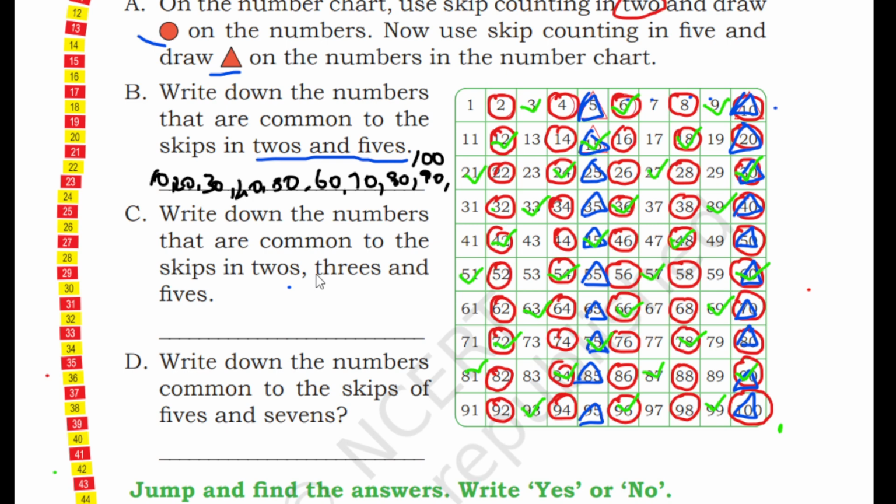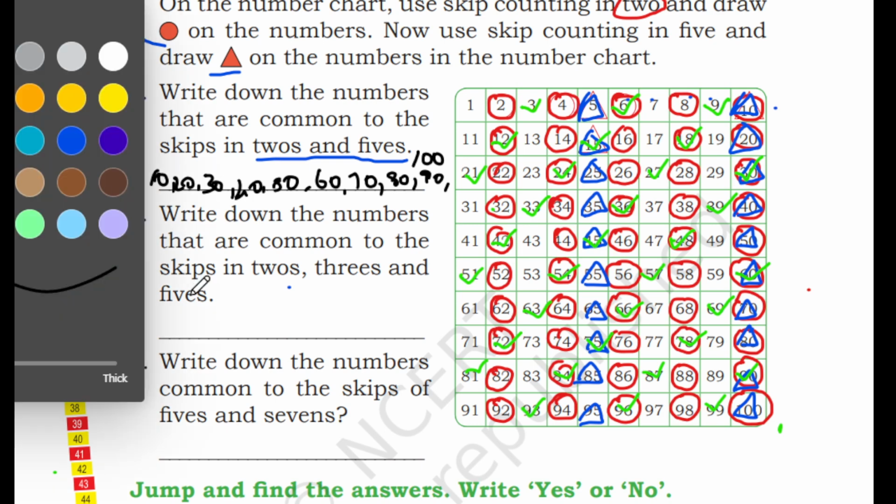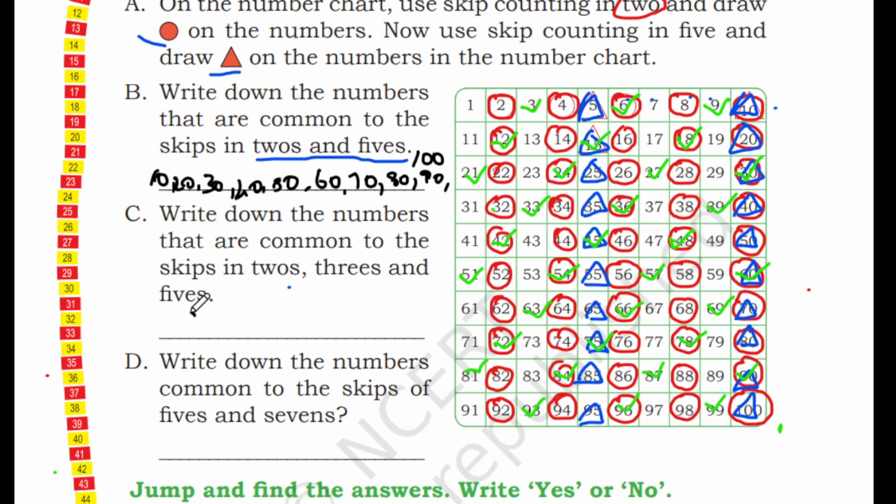Okay, now what we have to do is write down the numbers that are common to skips in 2s, 3s and 5s. So we need to find out the numbers which have a circle, triangle and a tick mark. So you can find here, see number 30. So let's change the color to black here and write the number 30. And the next number, in this row there is no common here, and here number 60.